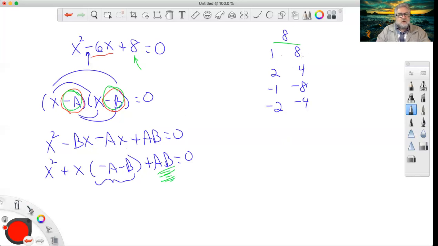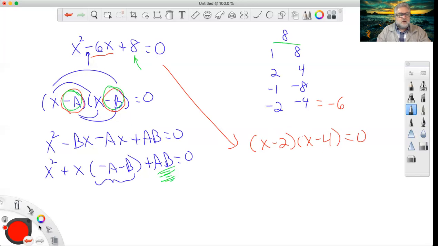Well, add together, that'll give me a 9, that'll give me a 6, a -9, ooh, -6. So these two multiply together to give me 8, they add together to give me -6, bingo. I can write this as x minus 2 times x minus 4 equals 0.